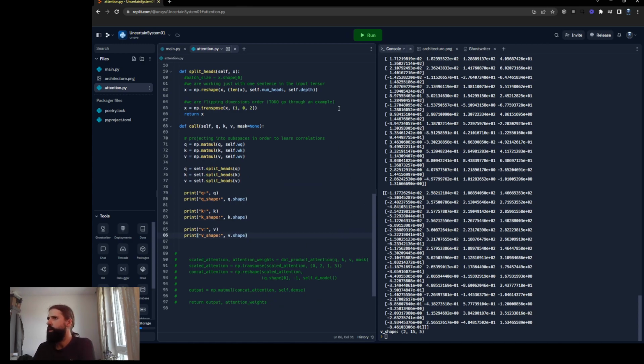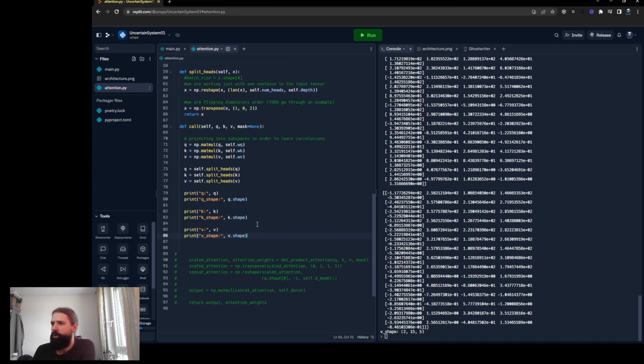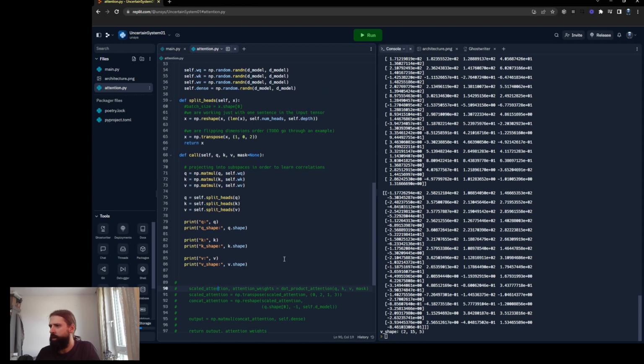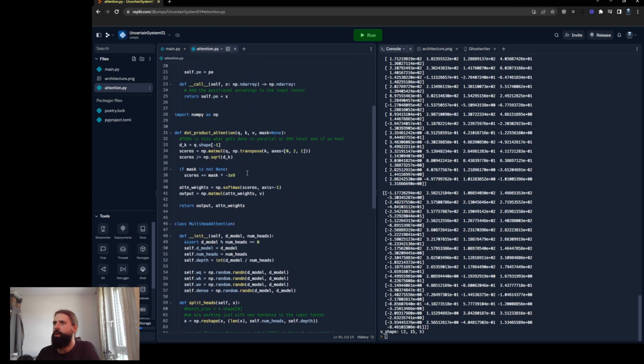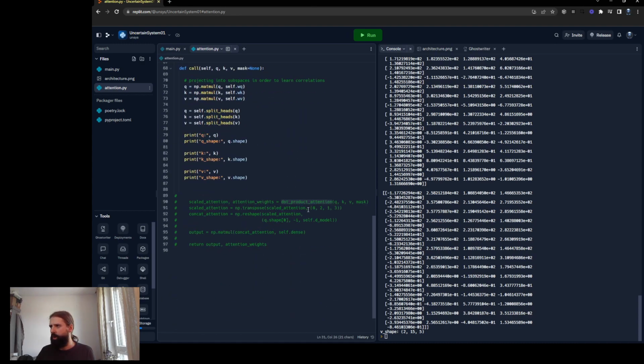Okay, so that's where we are now, and now it's about the attention stuff. What is it that we're trying to do? Once we have these split into the heads, now it's where the dot product attention comes in, and this is this thing here, QKV, mask none. Can you explain dot product attention? First of all, how do we even call it?